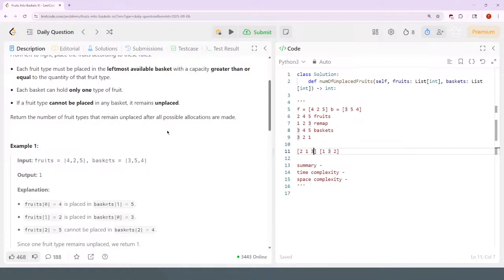For each number, link it to the first index where that number or number bigger than that exists. Huh.